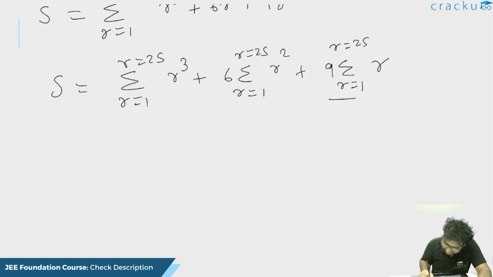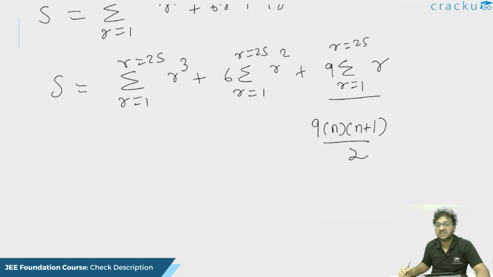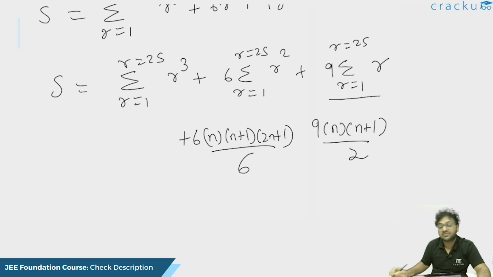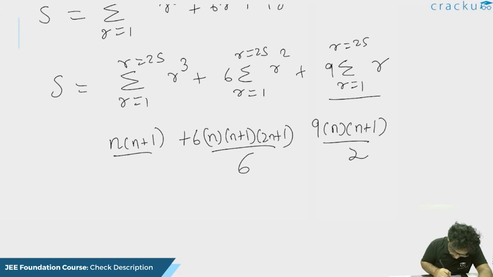So I will replace this by 9 into n plus 1 by 2. Now sum of first n square terms is n into n plus 1 into 2n plus 1 by 6. So this will be 6 into n plus 1, 2n plus 1 by 6, plus sum of first n cube terms, which is n into n plus 1 by 2 whole to the power square.